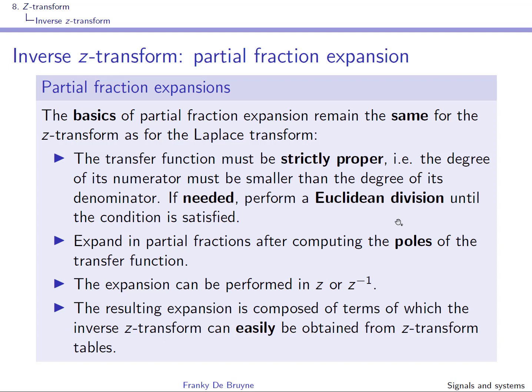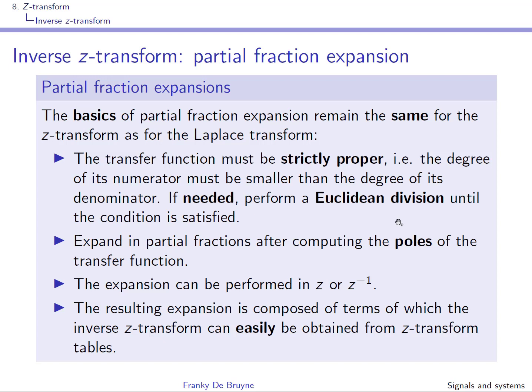The basics of partial fraction expansion are the same for the z transform as for the Laplace transform. Beware that the transfer function must be strictly proper, okay? If this is not the case, you have to do Euclidean division to make sure that this condition of strict properness is met.